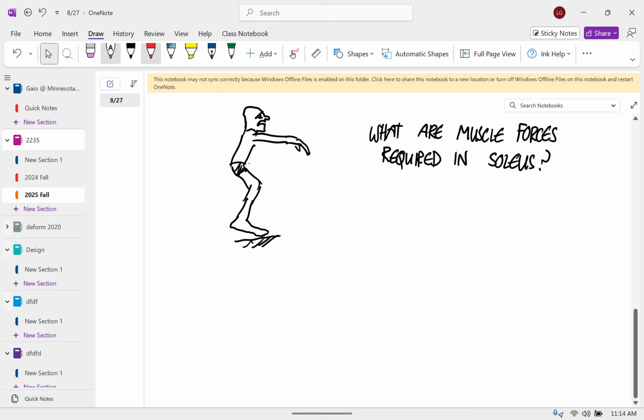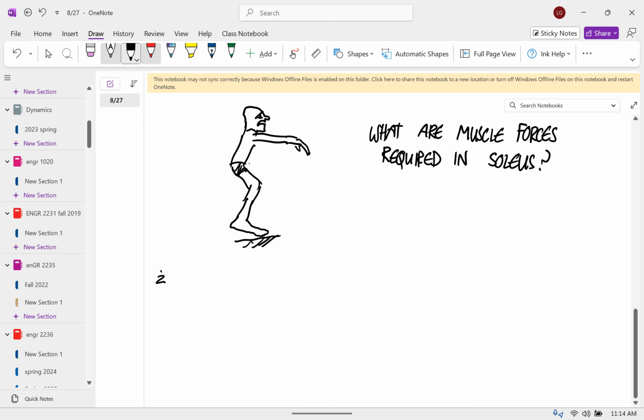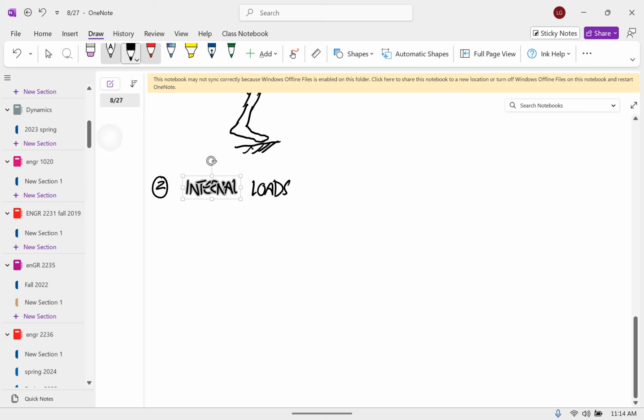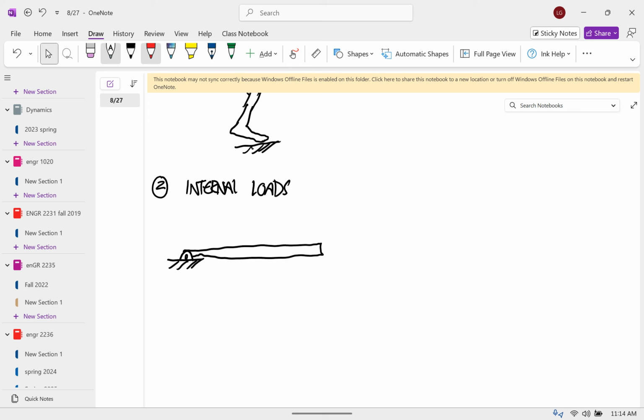And then the second thing we're going to do a lot is internal loads calculations. And so a simple internal loads calculation would be like this. Let's say that you have a beam that's connected at this end over here. And let's say there's a roller here. And you have some known force there and some known force here.